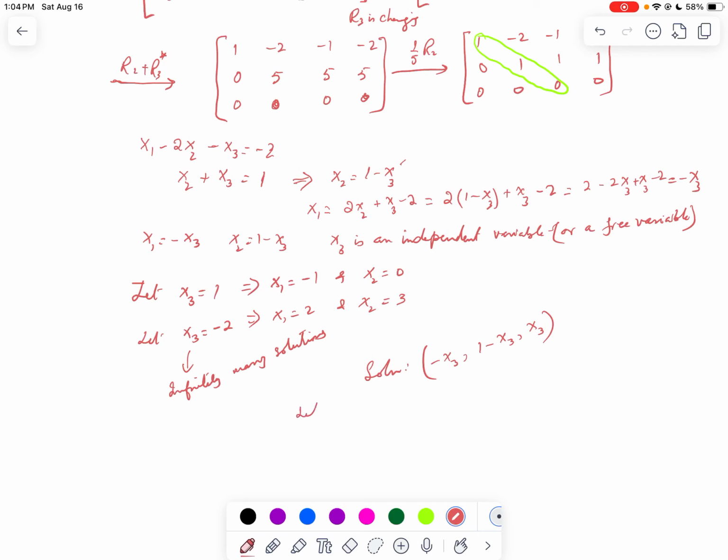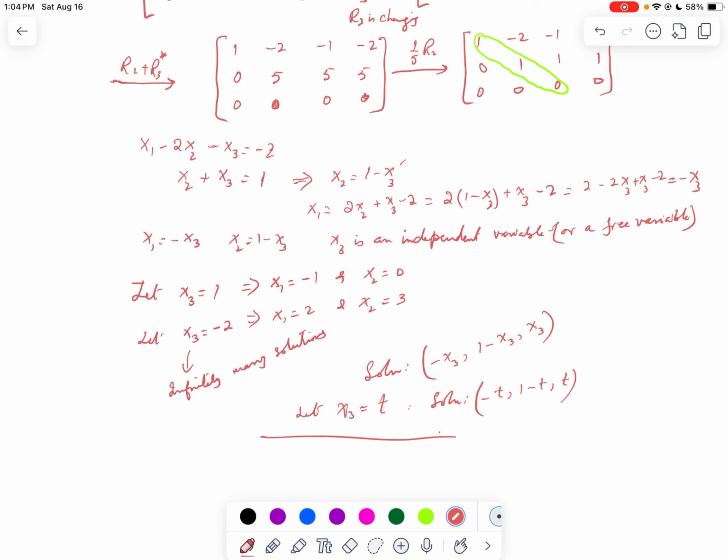Sometimes we let x3 equal some letter t, for example, then the solution becomes negative t, 1 minus t, t. So this is how we write down our solutions when we have free variables.